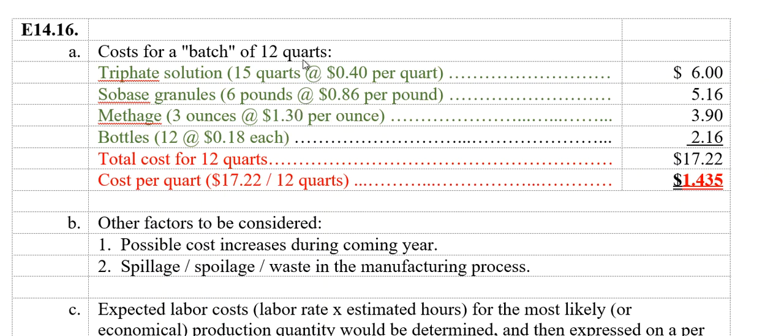So much goes into a batch of 12 quarts. So we have 15 quarts of this triphate that goes into the product. Now, understand that a lot of times this triphate could very well be something that, once they put it in process, they may lose some of it. The triphate solution could basically drift off as a part of the batch making process, right?